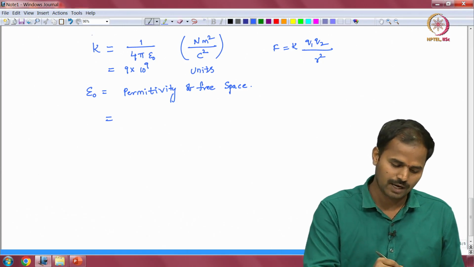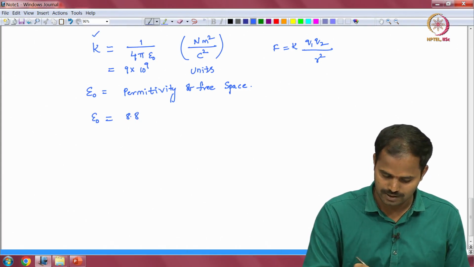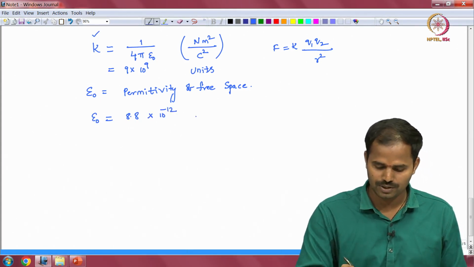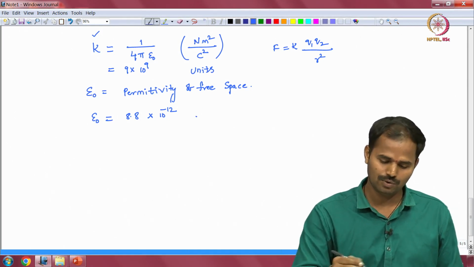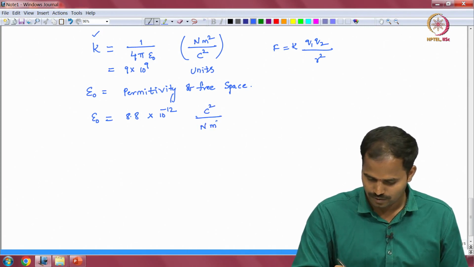So if I know the k value and find the epsilon naught value, that results in 8.8 into 10 power minus 12, and the units will be just inverse to the Coulomb's constant, Coulomb square divided by Newton meter square.